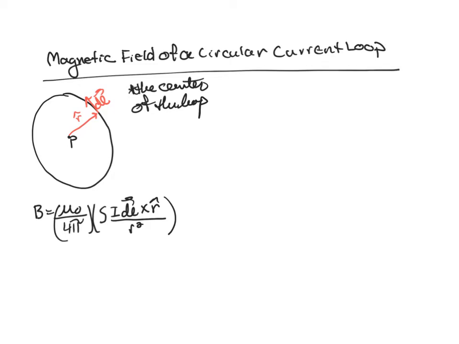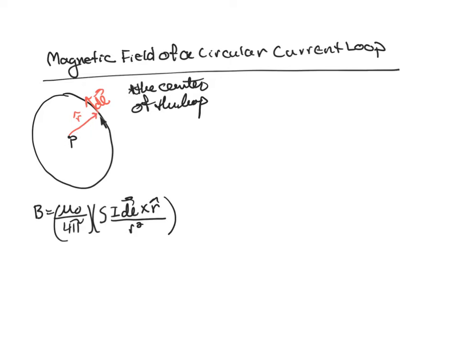So we have our law of Biot-Savart here, where we need to do the cross product of dl cross r hat. For a loop, point P is where we're looking at the magnetic field strength, so the loop with the current through it generates our magnetic field at some point P. This distance here, r hat, is always going to be perpendicular to that tiny little bit of dl that we're looking at, and that's going to be true for any point along the loop because we're dealing with a circle, so r is going to be constant no matter how crappy I draw my drawing here.